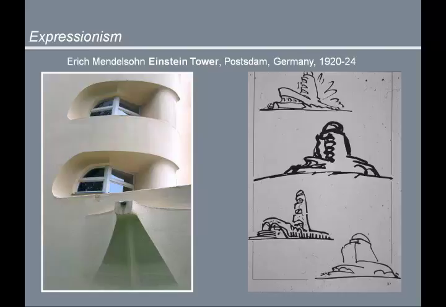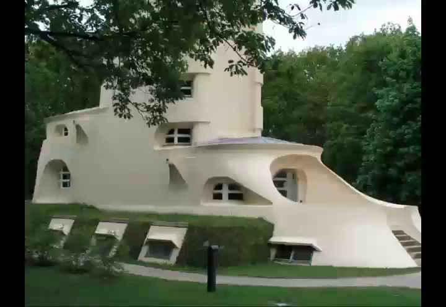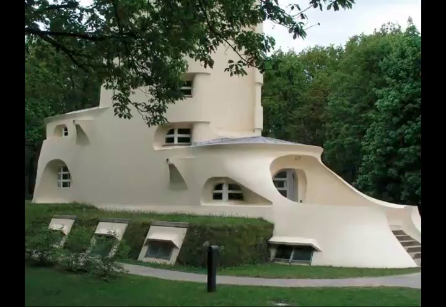Of the different expressionist designers, however, he probably comes the closest. It's very, very sculptural. Because of the stucco coating, it looks almost as though it's carved. And the long swooping lines are ones that he would carry into other projects as well.